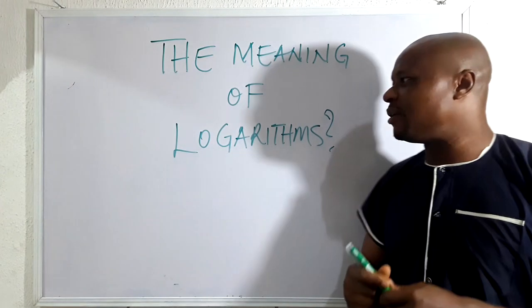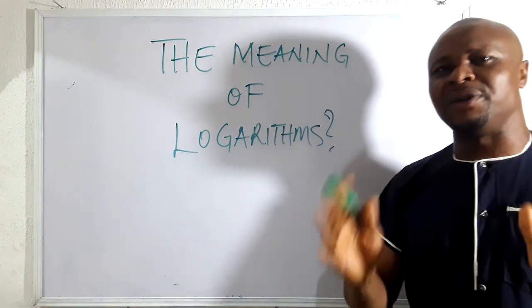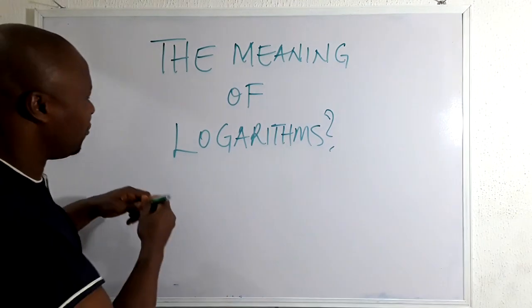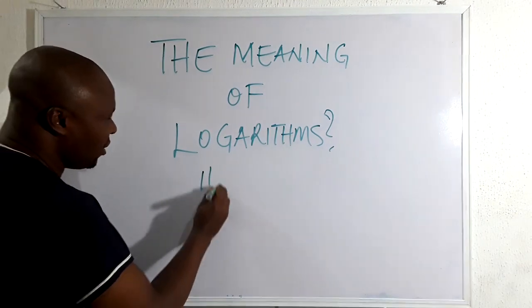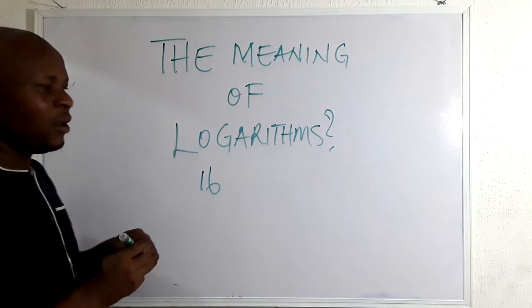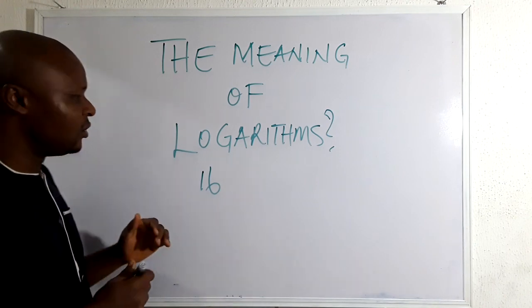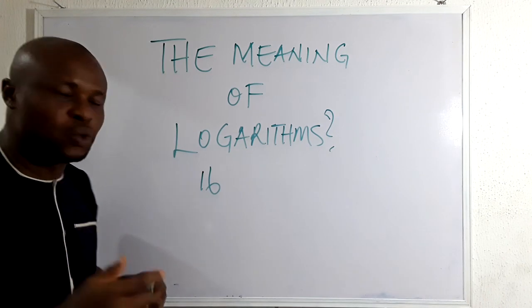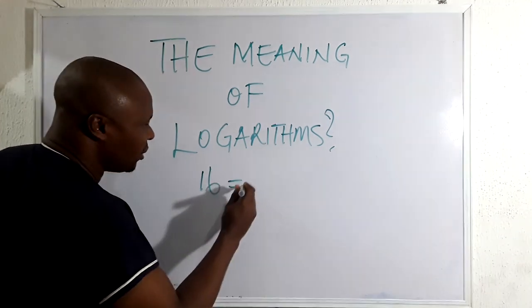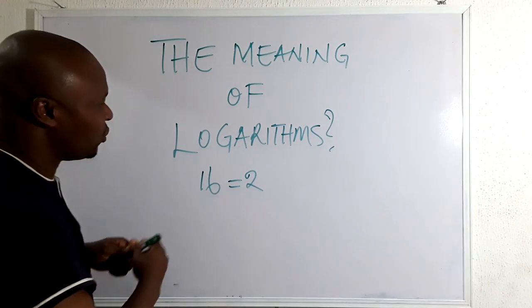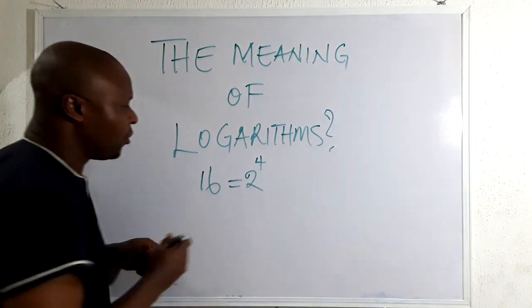And I will explain what that means. Let's say, for instance, we have 16. If we express 16 to a base of 2, that will be 2 raised to power what? It will be 2 raised to power 4.